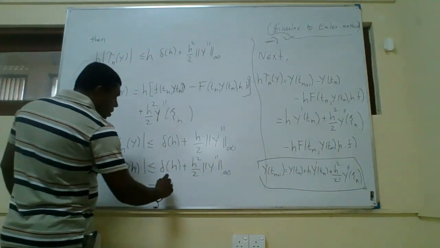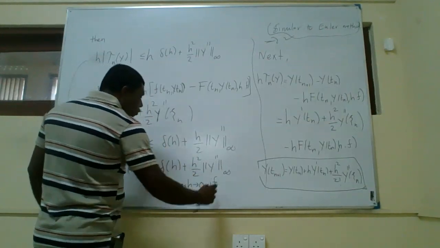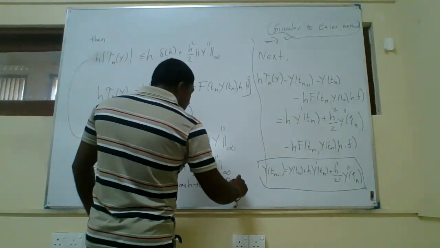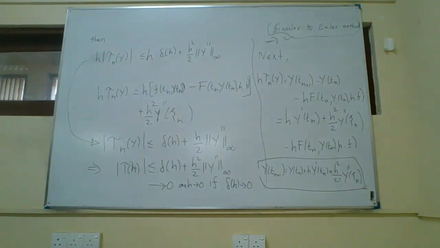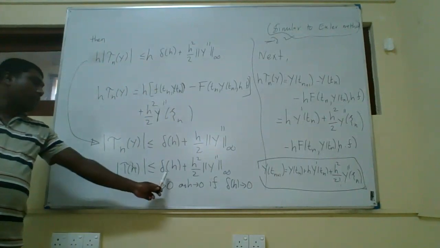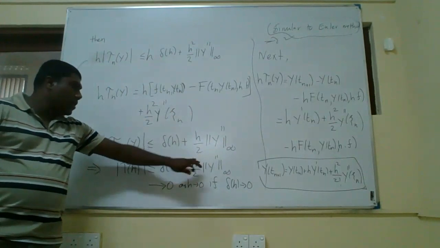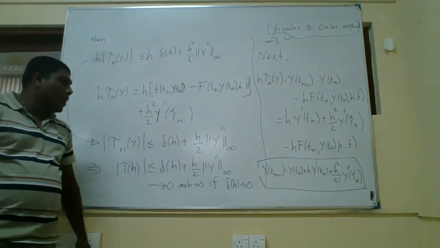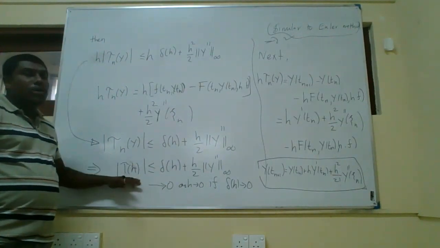And this goes to 0 if delta h goes to 0. If delta h does not go to 0, it is not guaranteed that this will go to 0. As long as delta h goes to 0, this will always go to 0 as h goes to 0.